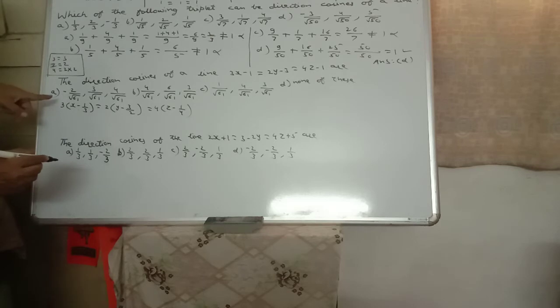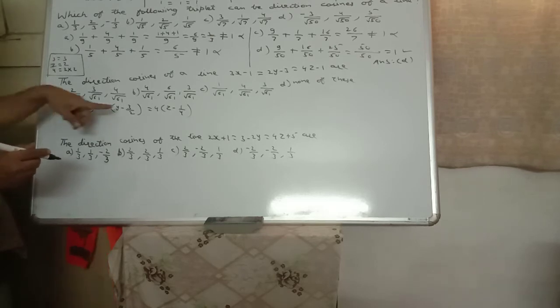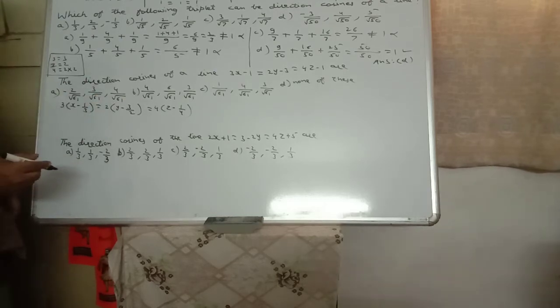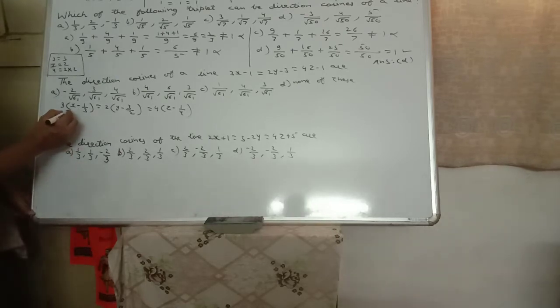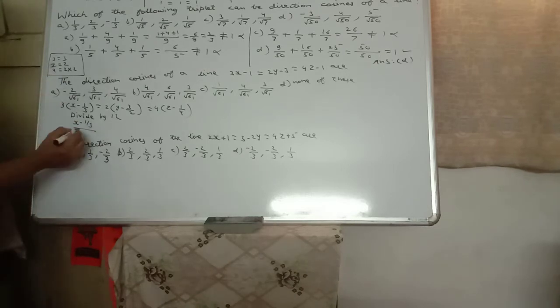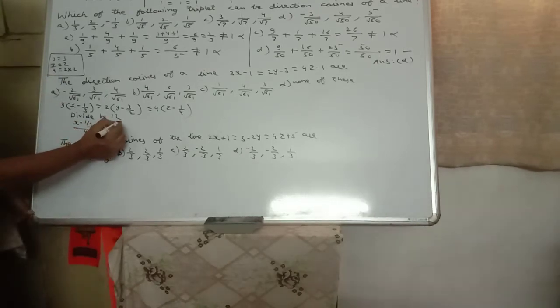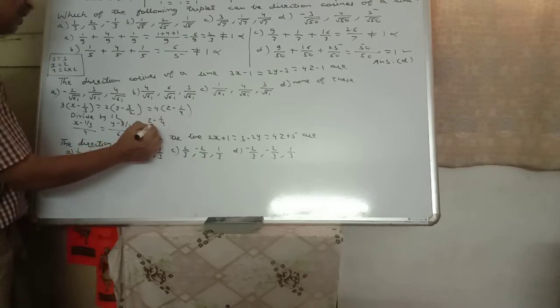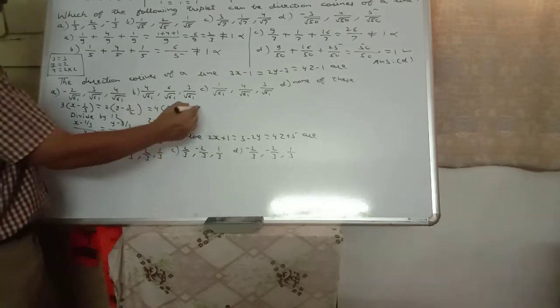So to divide the equation, 3, 2 and 4 should get cancelled. For that, we shall divide the equation by 12. X minus 1 by 3 by 12, so 4 is remaining. Y minus 3 by 2 upon 6 equal to z minus 1 by 4 divided by 3.